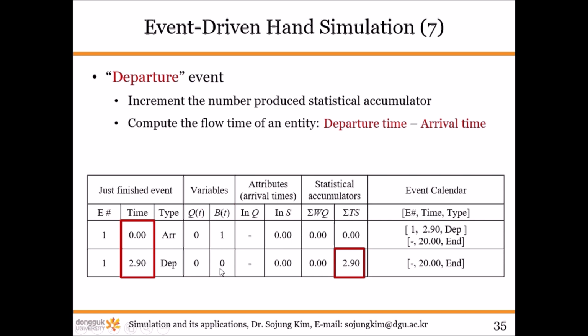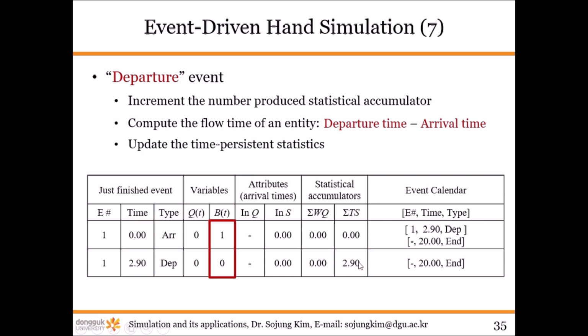Initially there was an arrival event at time 0, and then a departure event at 2.9. The service time of the first entity is 2.9 in the server, so the total time in system of the first entity is 2.9 when it leaves the system.